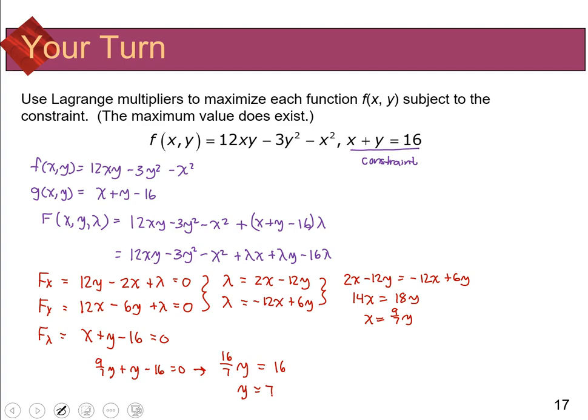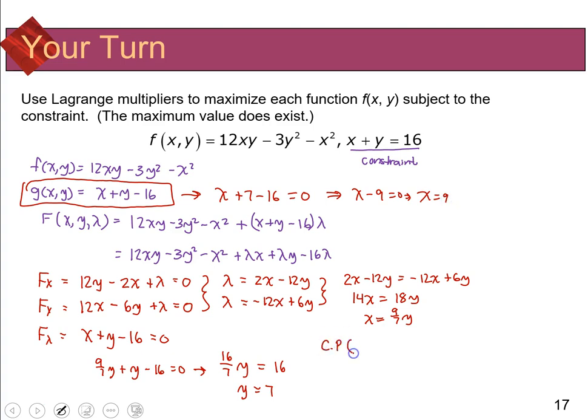Which means if I go back to this function up here, in particular, which is the same thing as f lambda, and I plug in the y, I get x plus 7 minus 16 equaling 0. That means that x minus 9 equals 0, so x has to equal 9. So I know I have a critical point at (9, 7).